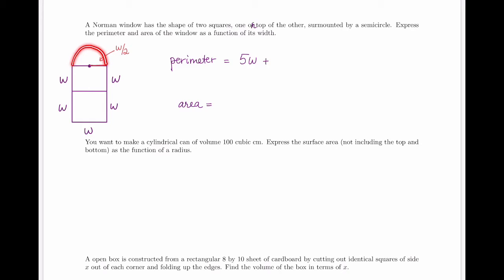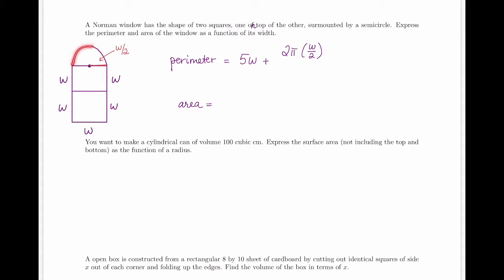So remember that the circumference of the entire circle of radius r is 2 pi r. So here it's going to be 2 pi, and then my radius is w over 2. So this is my 2 pi r. This would have been the length of the entire circumference of the circle had it been full.